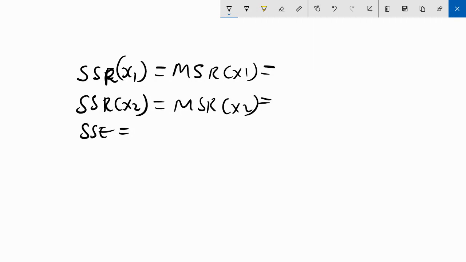SSE is 111.58. Yes, let's go to this one. SSR of x2 is 49.87.